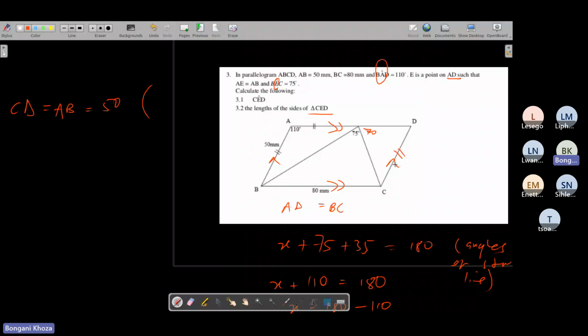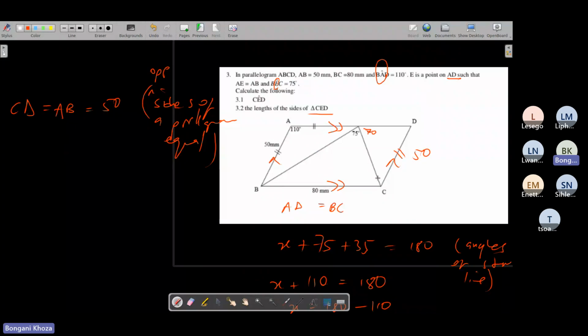The reason for that, it's a parallelogram. So it's opposite sides of a parallelogram, actually. Opposite sides of a parallelogram are equal, like that. So that means here it's also 50. Can we see that? This side is equal to that side.